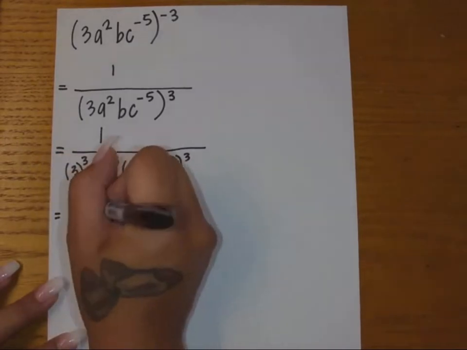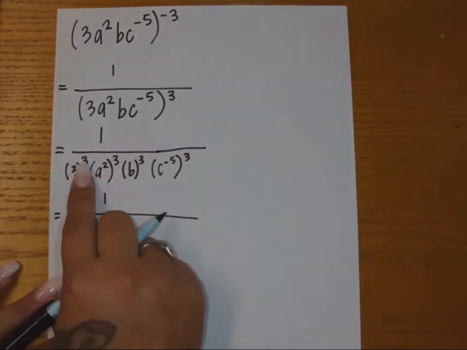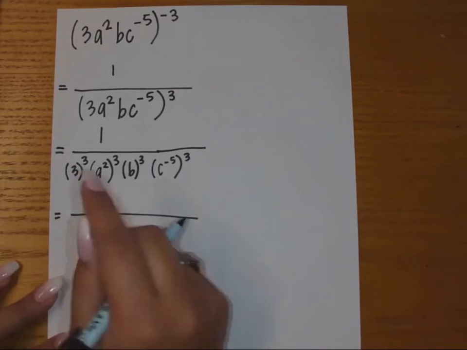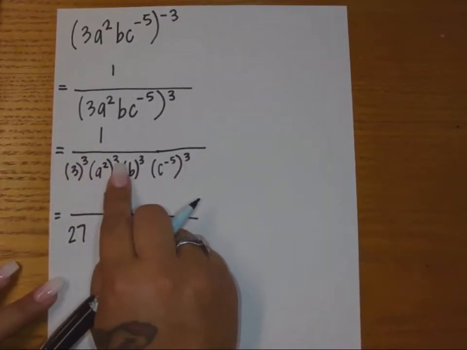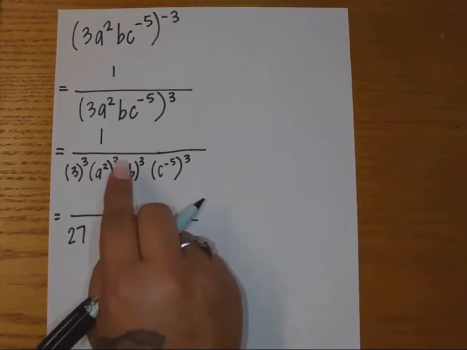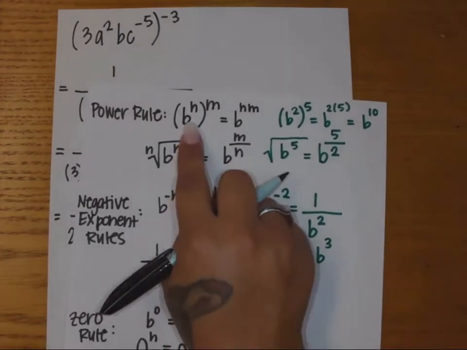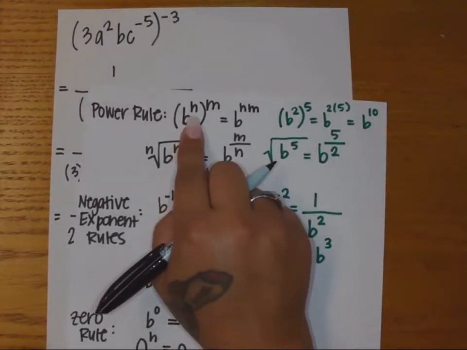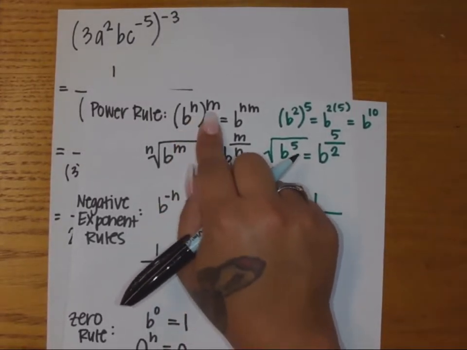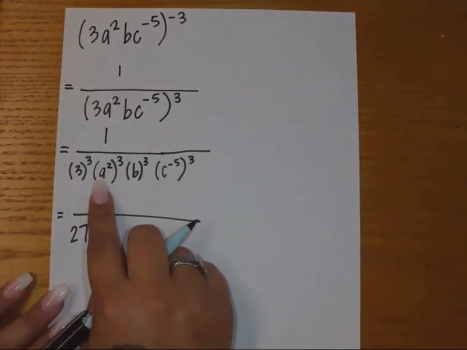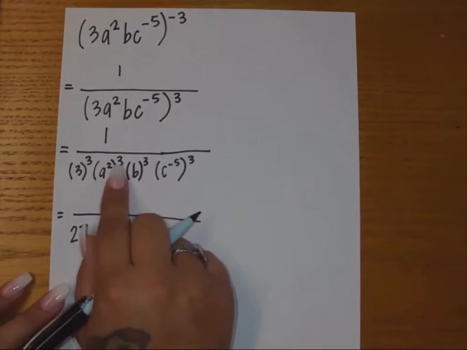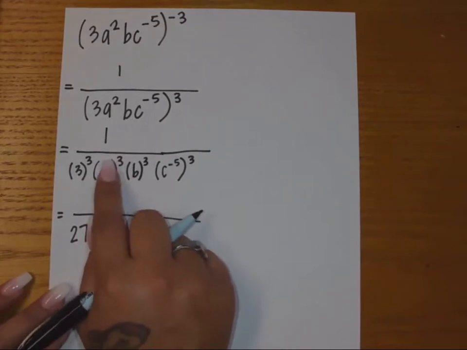What I get is 1 over 3 cubed, which would be 3 times 3 times 3, which is 27. A squared cubed is a power to a power. And our power rule says if you have something raised to a power and then raised to another power, you multiply your powers. 3 times 2 would be 6.